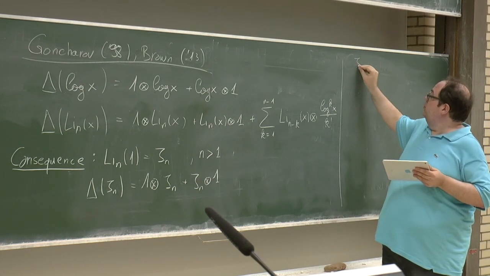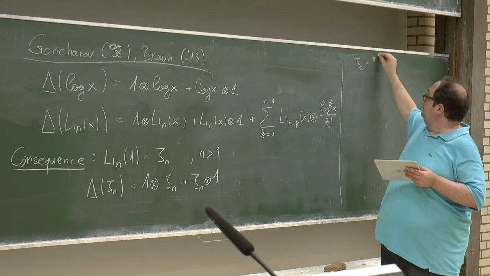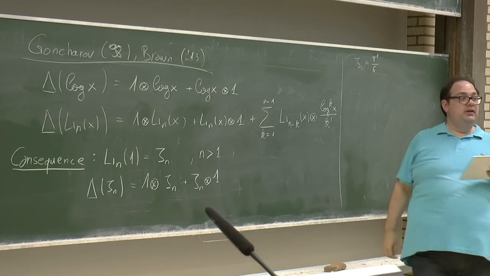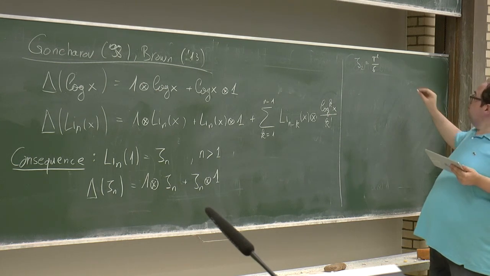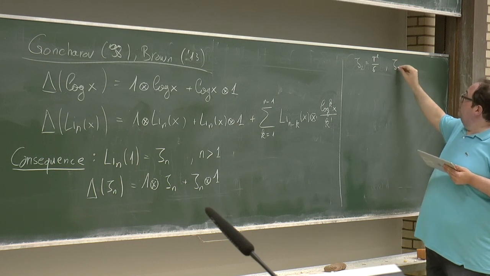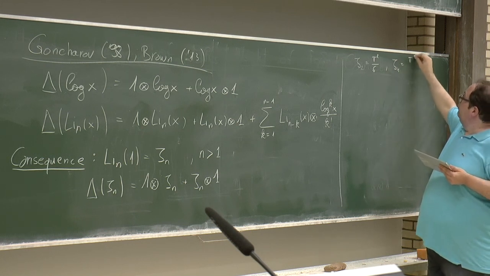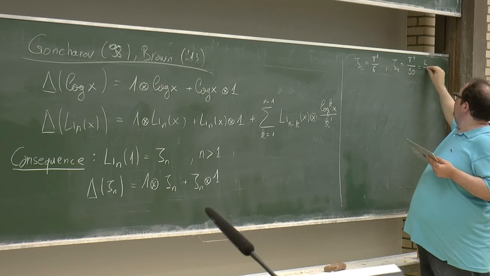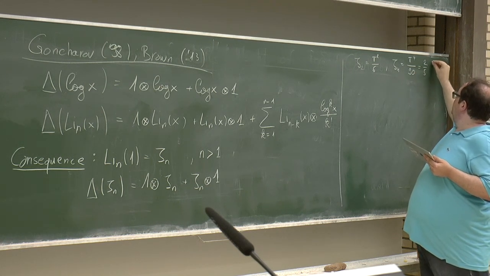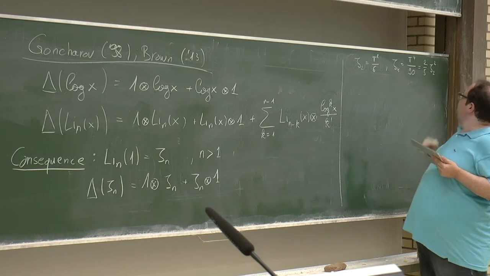So, I guess you know that zeta 2 is actually pi squared over 6, right? Zeta 4 is pi to the 4 over 90, which is 2 divided by 5 zeta 2 squared.